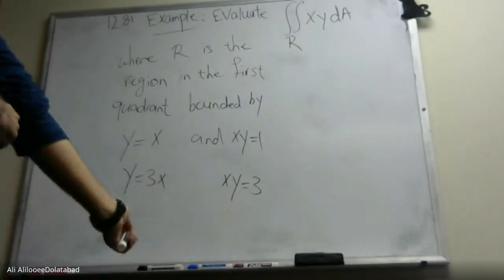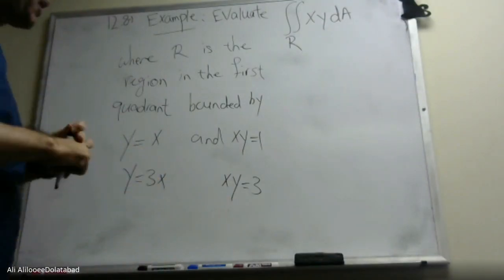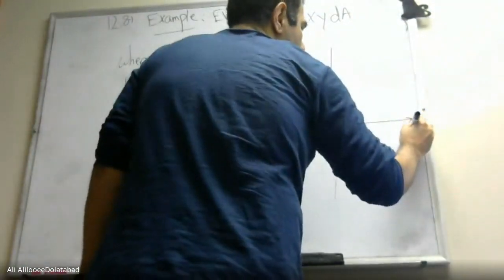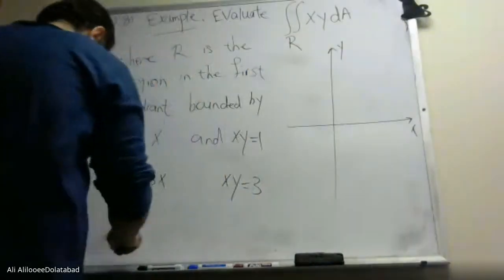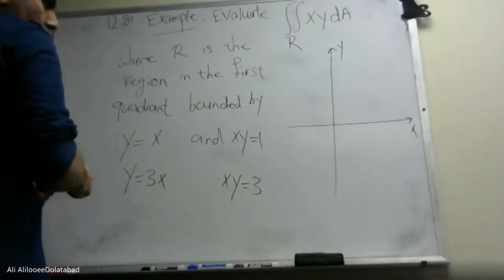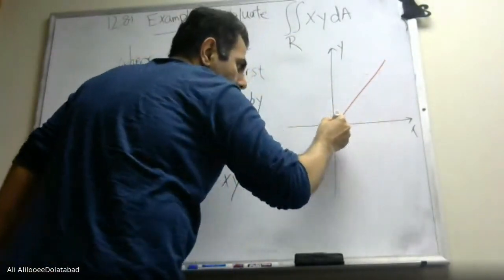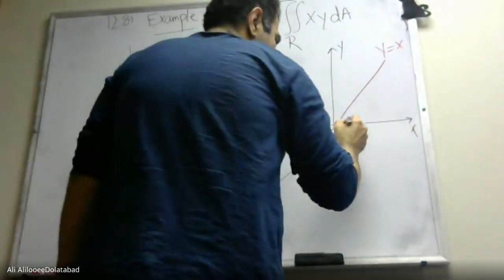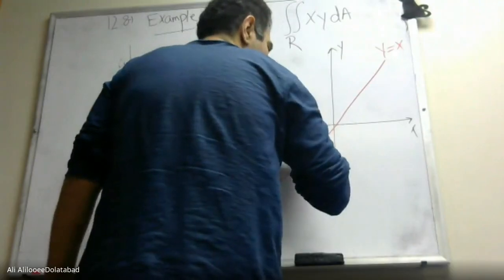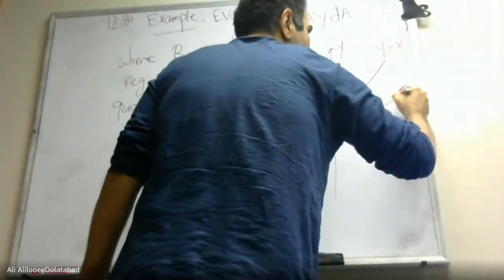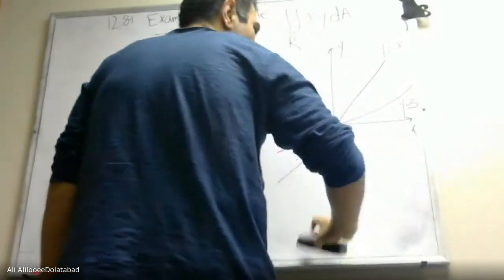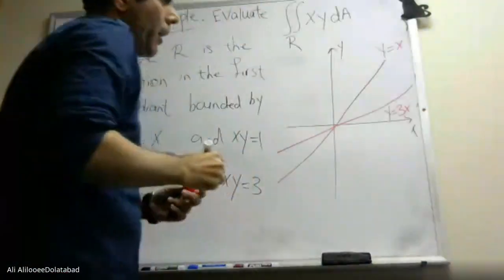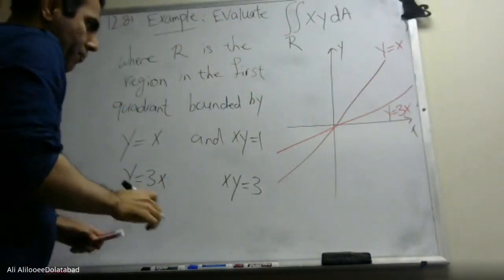First of all, let me graph this region to show you why we need to use change of variable. If I graph this region, you have 2 lines. One of them is y equal x, and another is y equal 3x. We also have 2 hyperbolas.